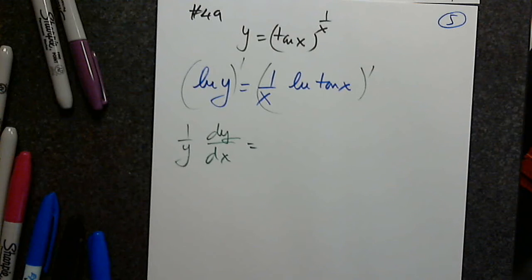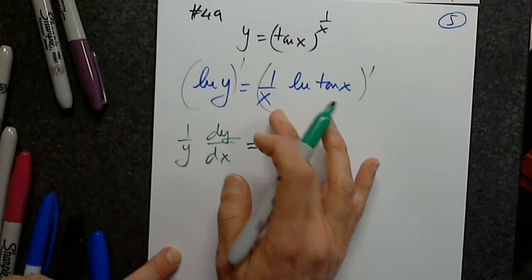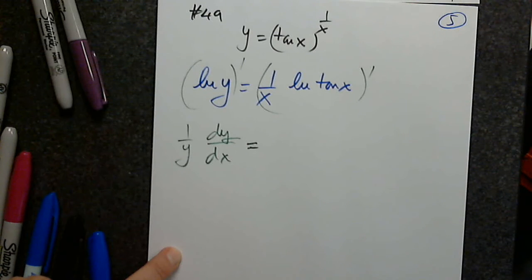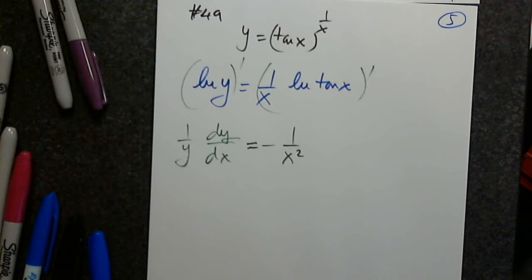Careful. When I differentiate 1 over x, what do I get? Negative 1 over x squared. Thank you. So please remember, we have to commit this to memory. It's very important. Otherwise, you will have to reinvent the wheel all the time.